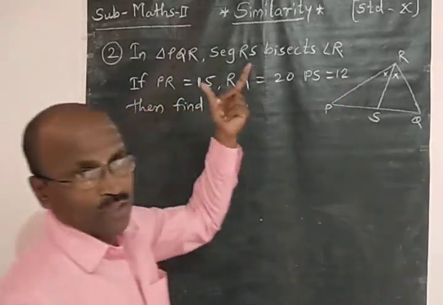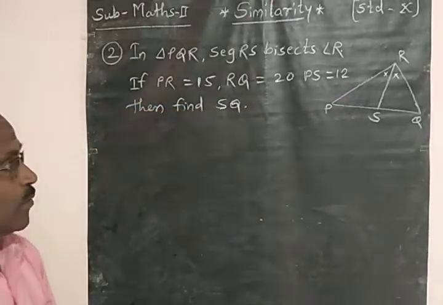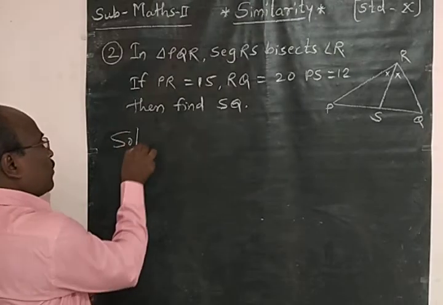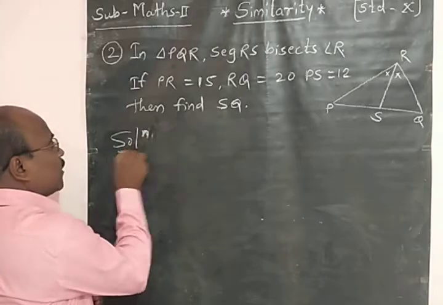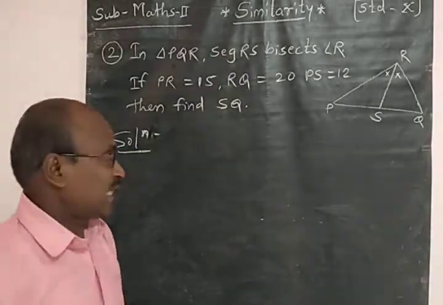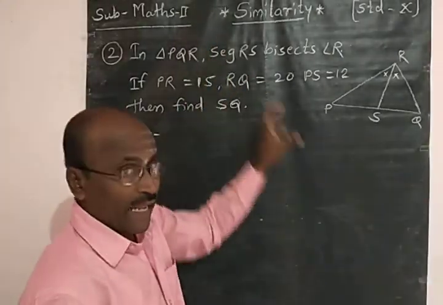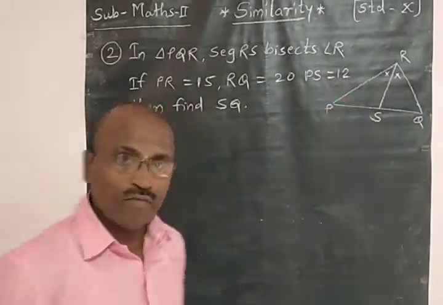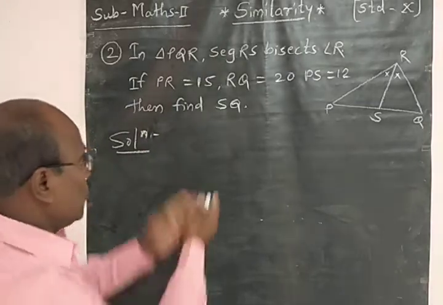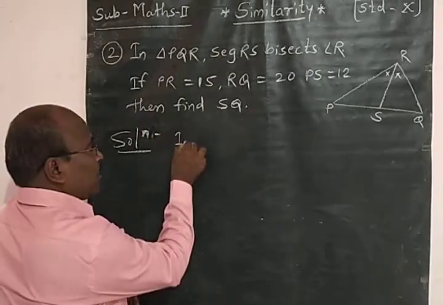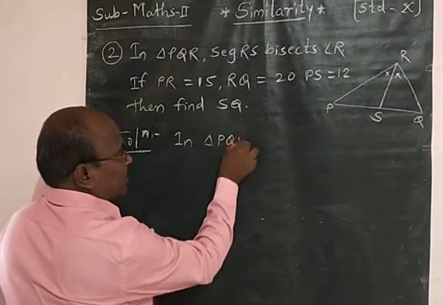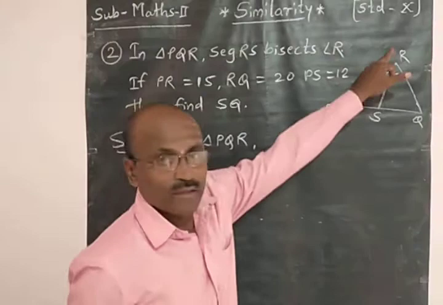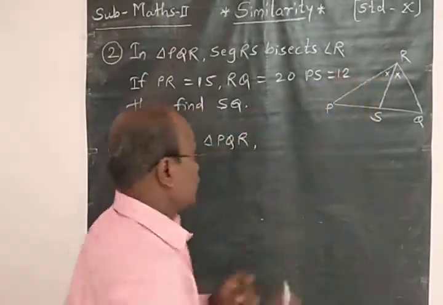So here use the angle bisector property of a triangle. While using the angle bisector property, you can write in which triangle which is the bisector of an angle. So we can write here, in triangle PQR, segment RS is the bisector of angle R.